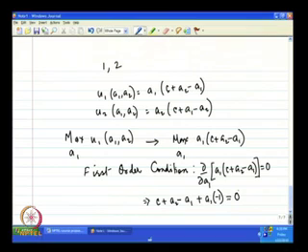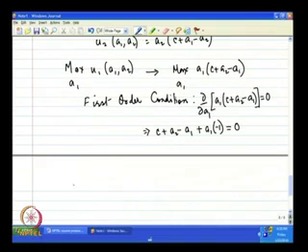It is a product of two functions, A1 and (C plus A2 minus A1). So, by the product rule, it will be (C plus A2 minus A1) multiplied by the derivative of A1 with respect to A1, which is 1, plus A1 multiplied by the derivative of (C plus A2 minus A1) with respect to A1, which is minus 1.